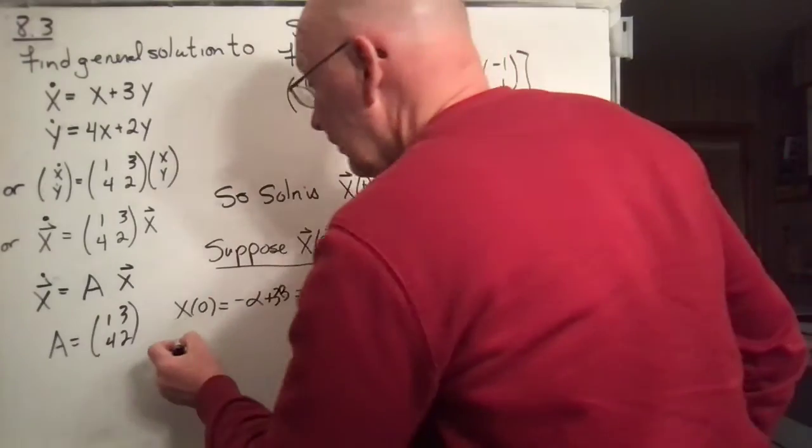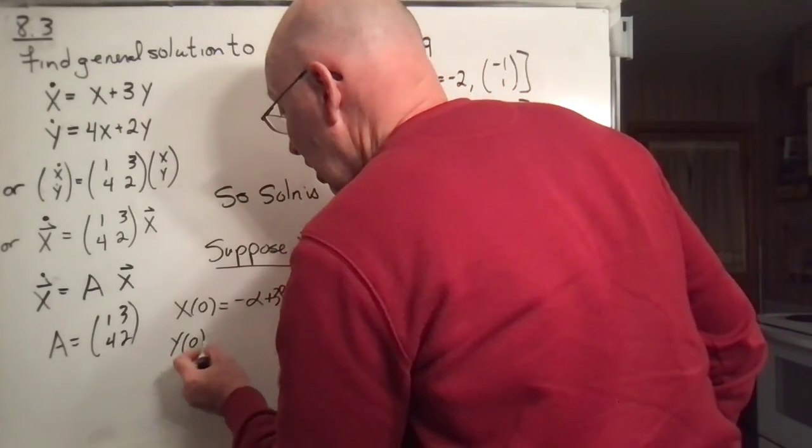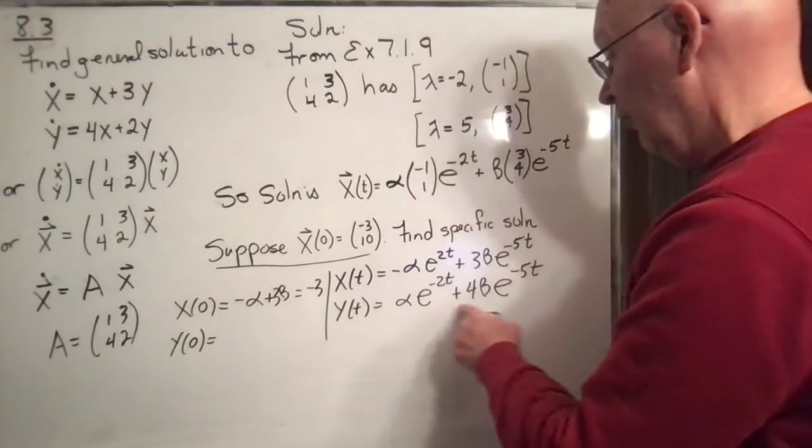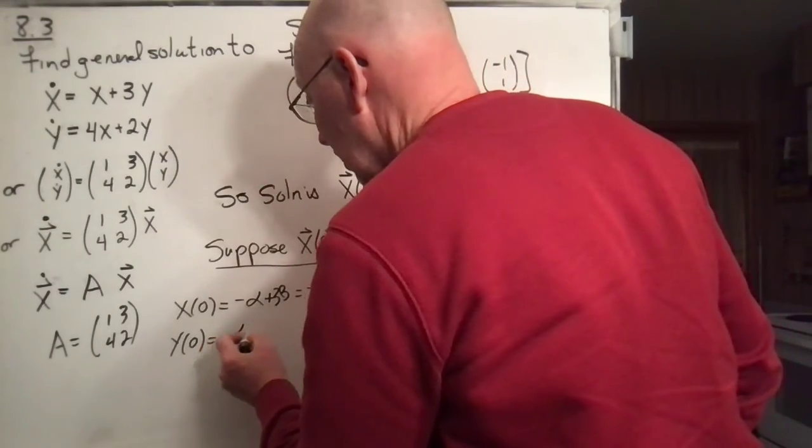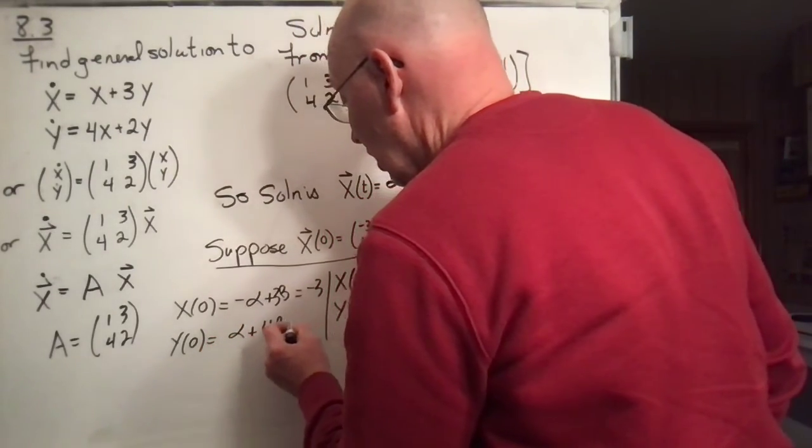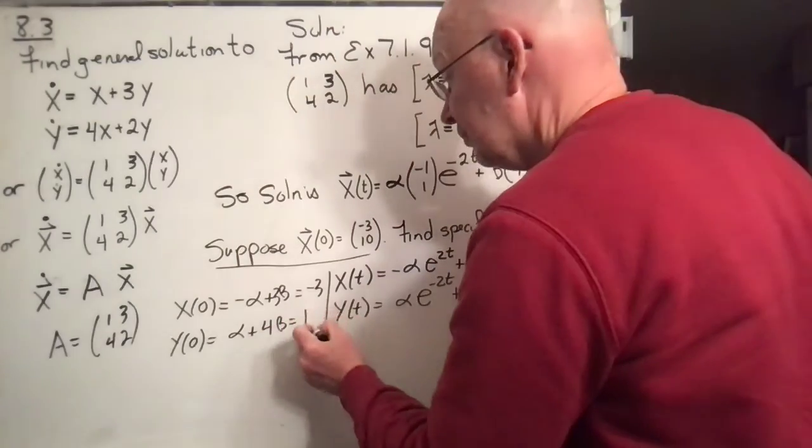And y of 0 is equal to alpha plus 4 beta, and that's equal to 10.